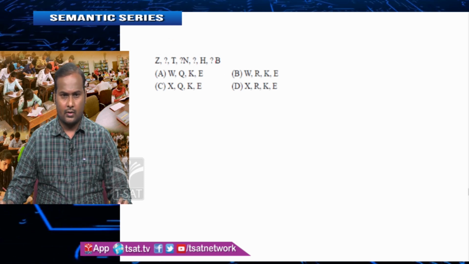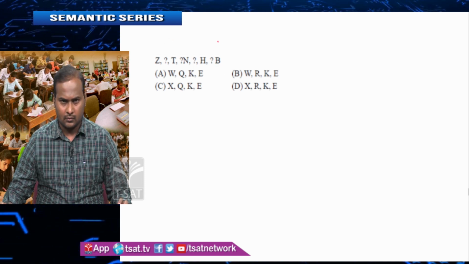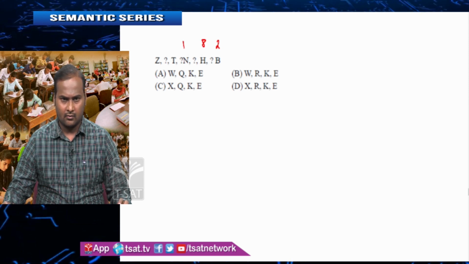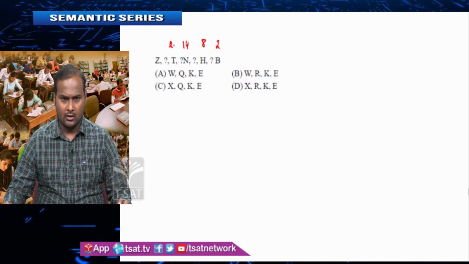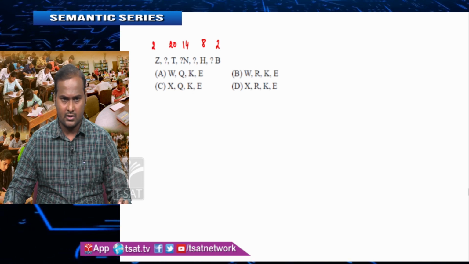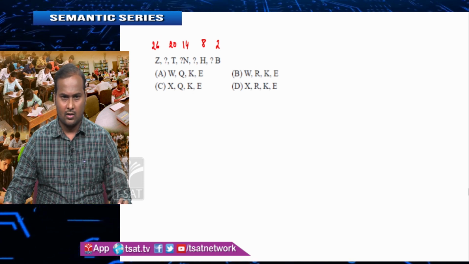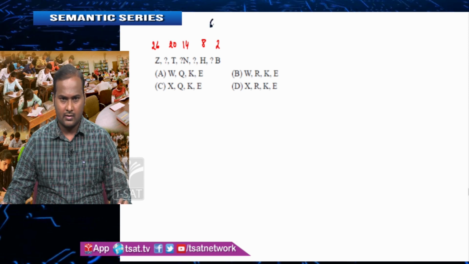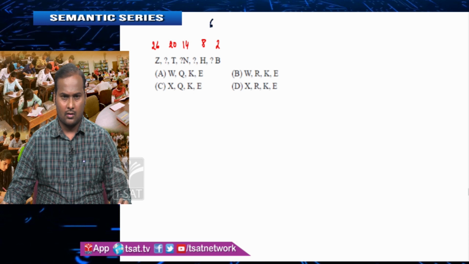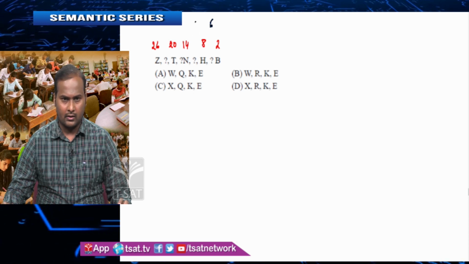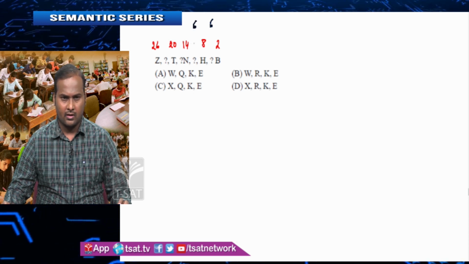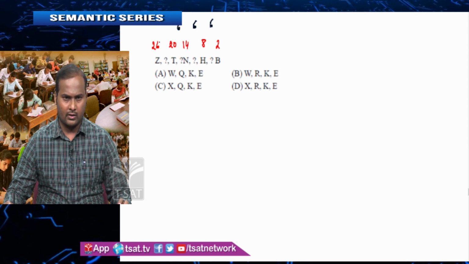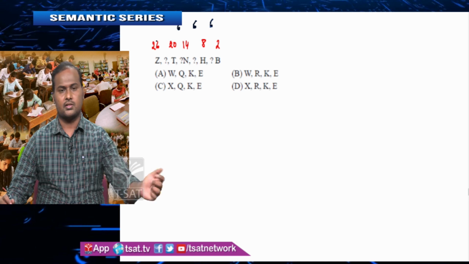Now see here, you know B is 2, H is 8, N is 14, T is 20, Z is 26. Now 2 to 8 is increasing by 6. 8 to 14 here also increasing by 6. Again 14 to 20 also increasing by 6, and 20 to 26 also increasing by 6.